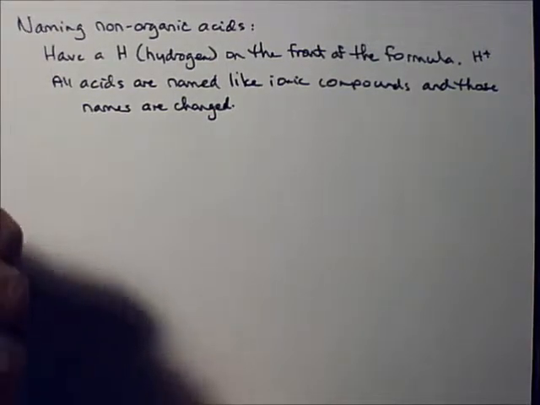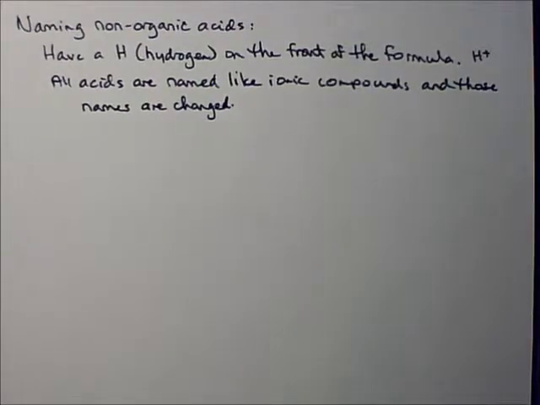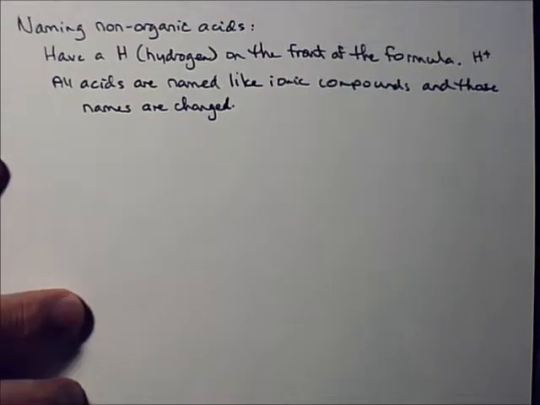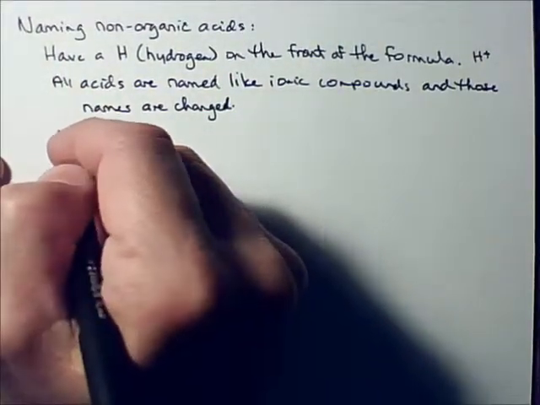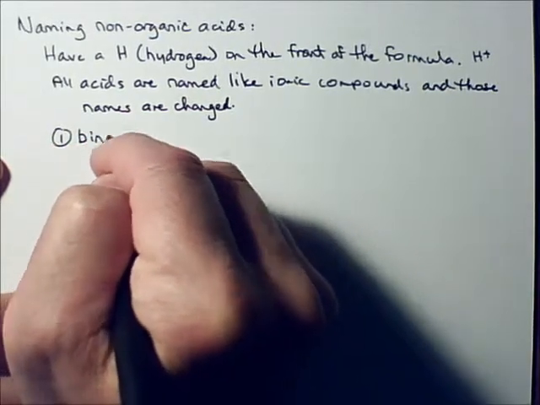And this is a class specifically about naming and not about other things, all right? So we're going to divide acids into two classes for the purpose of naming and only for that purpose. That makes sense? Okay, so the first class we're going to name them by, the rules we're going to use for them, are binary acids.